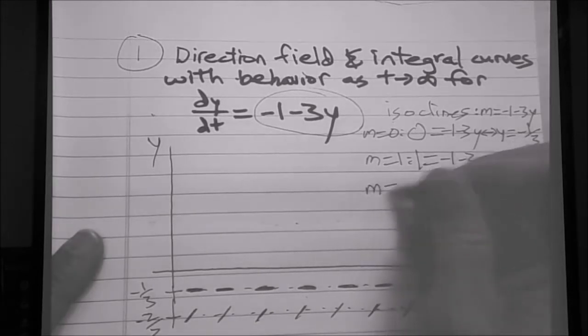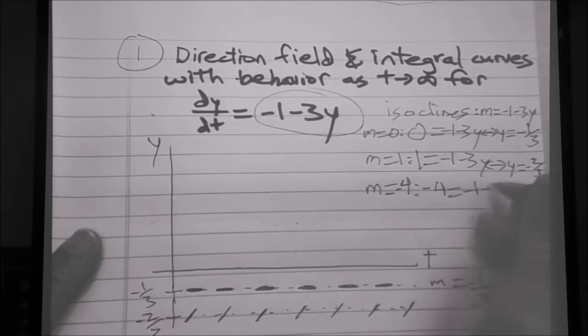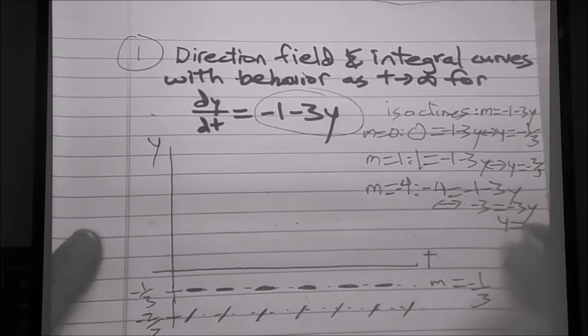Let's put m equals, let's say, minus 2. Let's see, yeah, minus 2. Oh, minus 4, let's do that. All right, now I've got minus 4 equals minus 1 minus 3y. If I add 1 to each side, that's equivalently minus 3 equals minus 3y, or y equals 1.